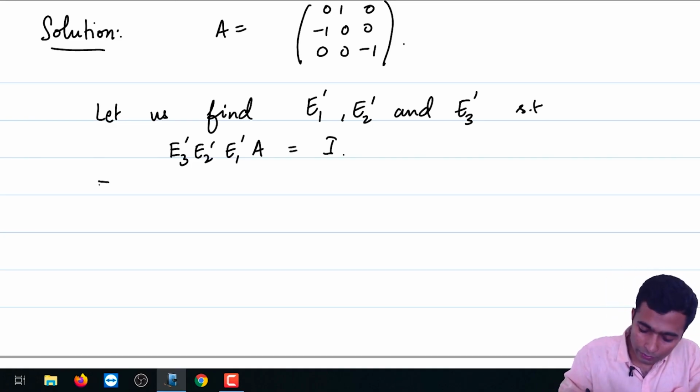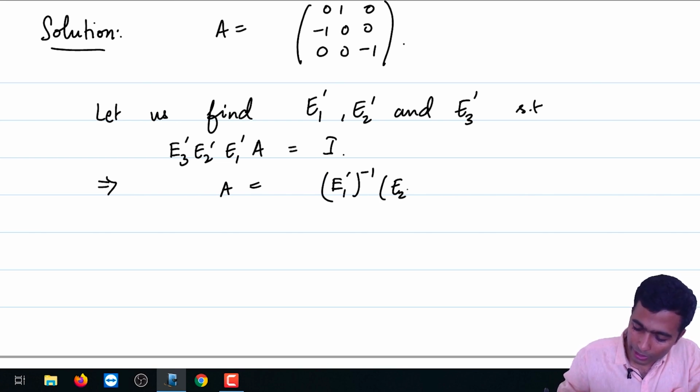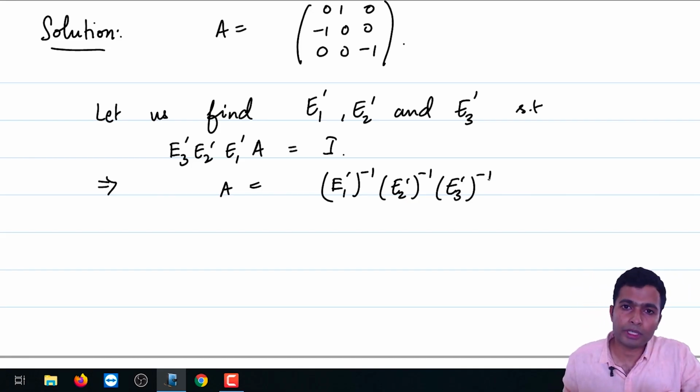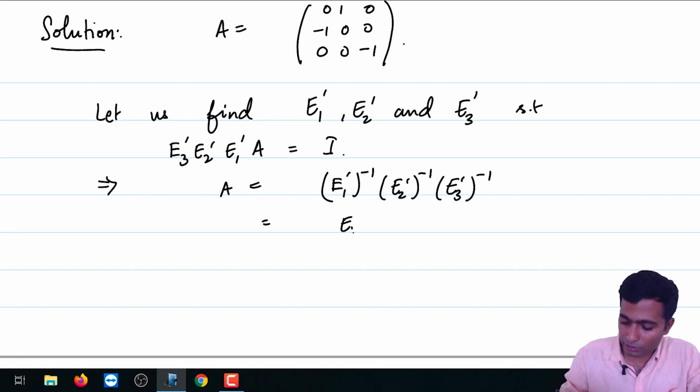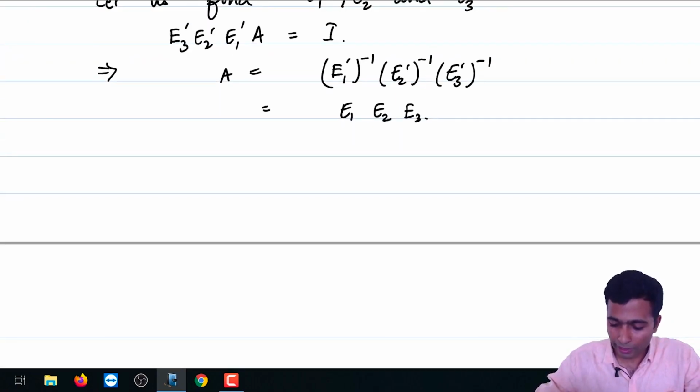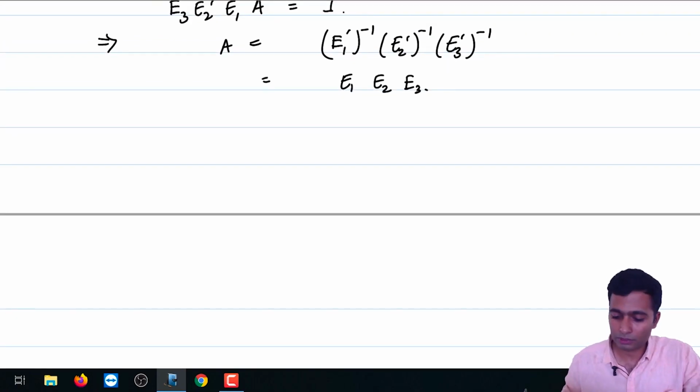Then this would imply that A is E1 prime inverse, E2 prime inverse, E3 prime inverse. But we know that the inverse of an elementary matrix is again an elementary matrix. So this is exactly what we want. This is the E1, E2, E3 that we want. And we will come to the inverse of A in the second part of the problem. So let's focus on this.